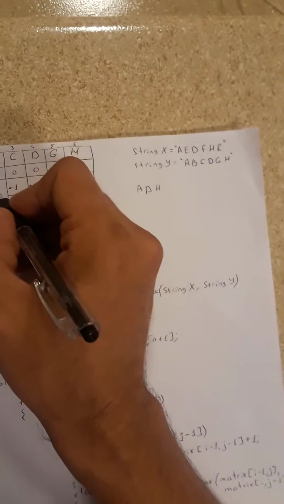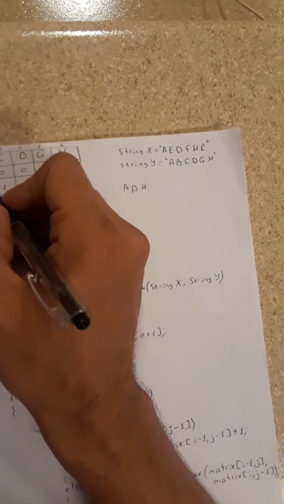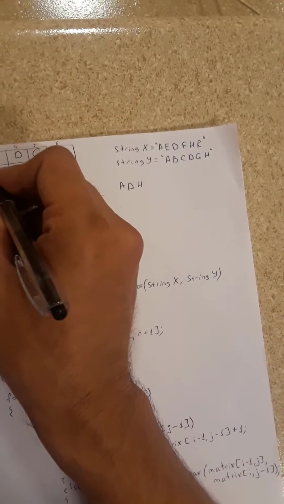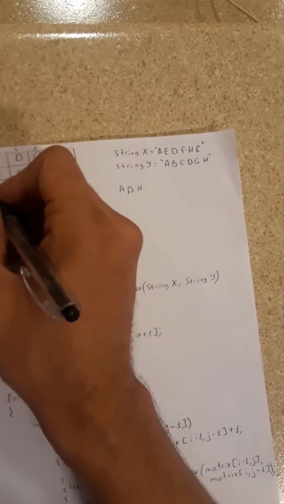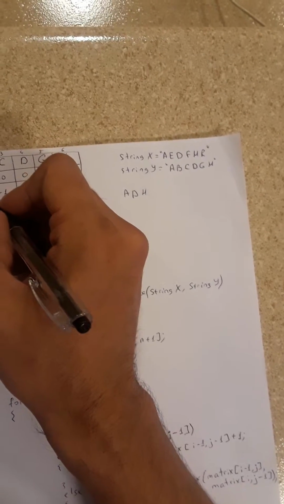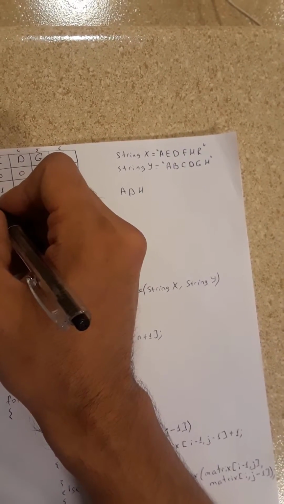Let's go to the right. If the characters are not equal to each other, then we look to the top and to the left and always take the maximum number.